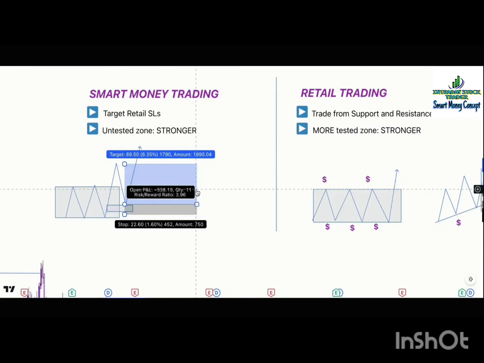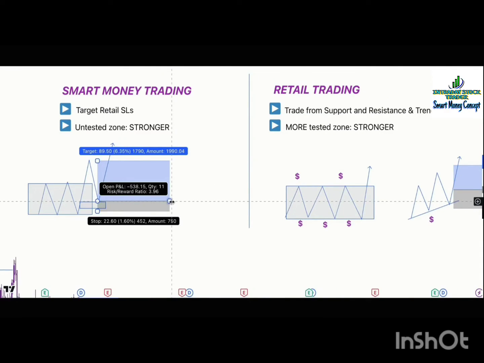So you could see that you win much more than the retail traders, and you win with a high risk reward ratio. So this is the case.